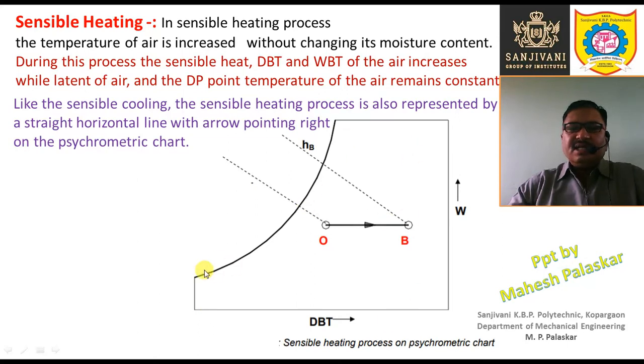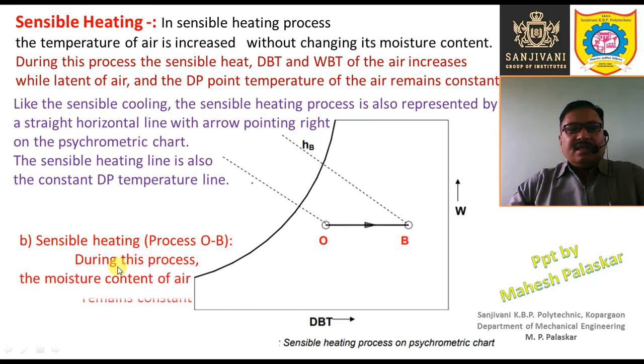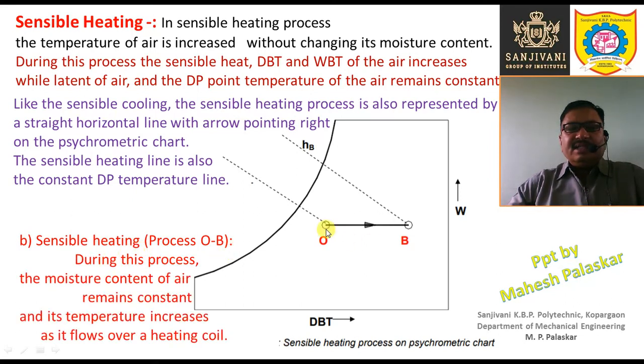You must draw this chart, this diagram. The sensible heating line is also the constant dew point temperature line. Okay. The sensible cooling line is also a constant dew point temperature line, right? Now the sensible heating process is represented by this line OB or the arrow OB. During this process, the moisture content of the air remains constant and its temperature increases as it flows over a heating coil, right?